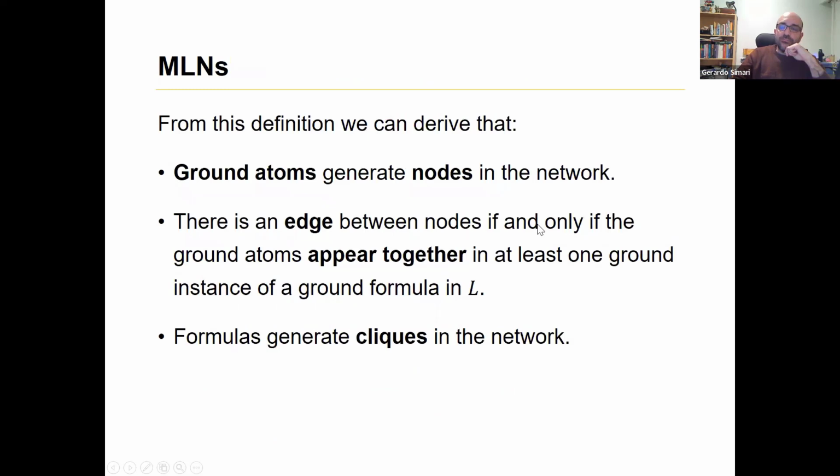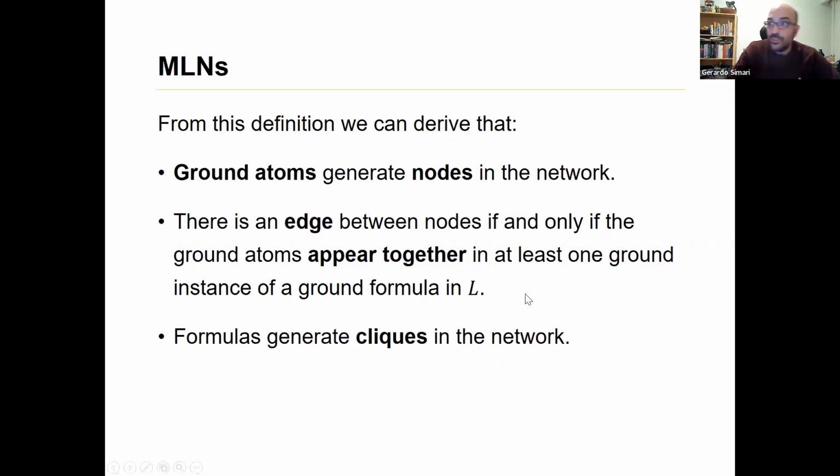From this definition, if you paid attention, you can derive a few quick observations. The ground atoms are the ones that are going to generate the nodes in the network. So there's going to be a one-to-one correspondence between ground atoms and nodes. And nodes, if you remember from before, correspond to random variables. So now we have ground atoms connected to random variables.